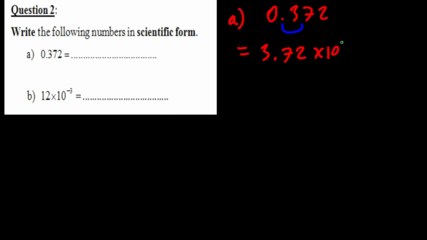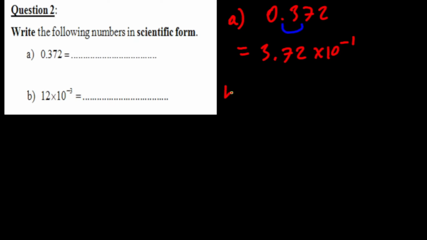And because we only moved the decimal point one place to the right, it's a negative 1. If it was to the left, then it would have been a positive 1, because 3.72 times 10 to the power negative 1 moves the decimal place one place to the left, returning us to the original number.